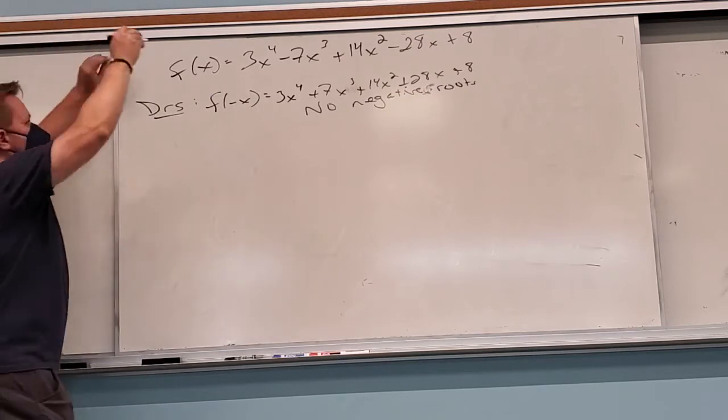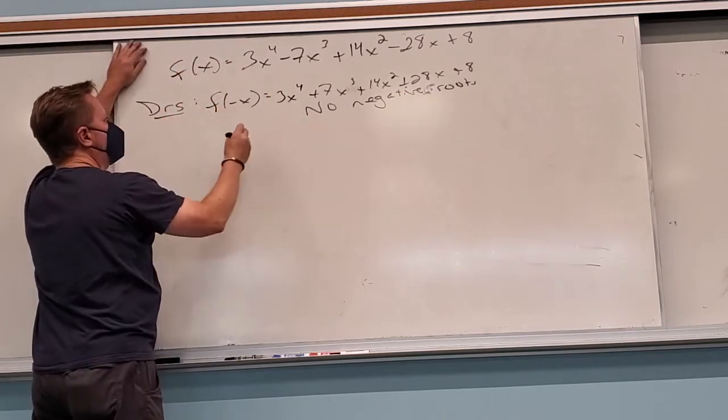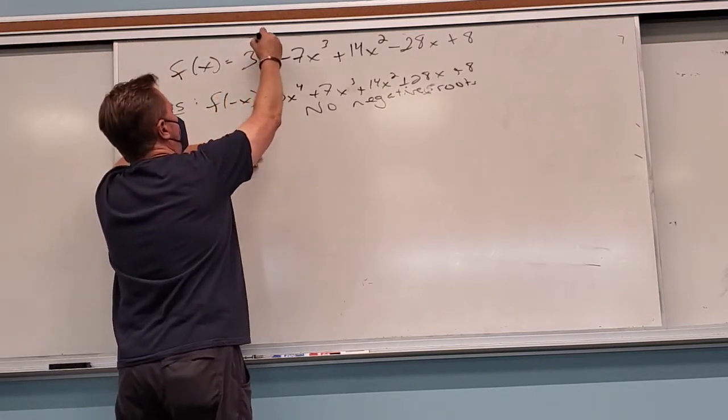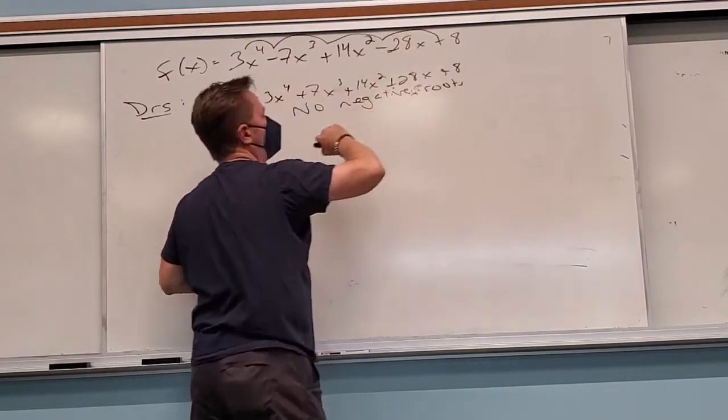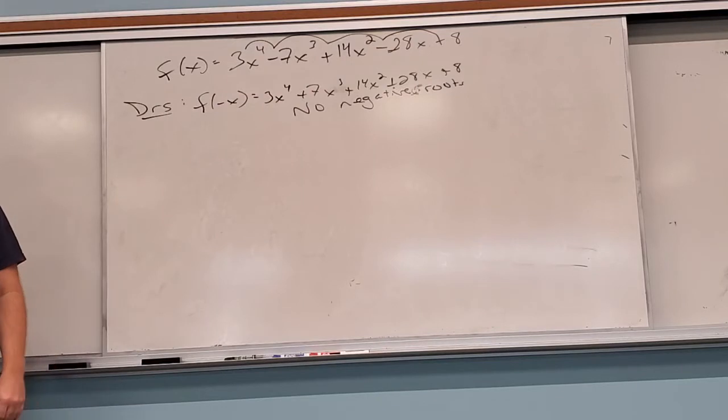Now, tell me this though. F of x has how many changes in sign? 1, 2, 3, 4. 4 changes in sign. So watch what this means.